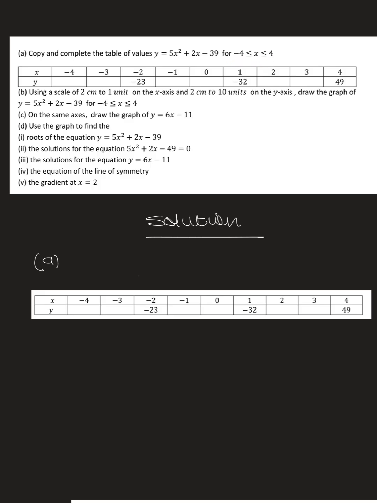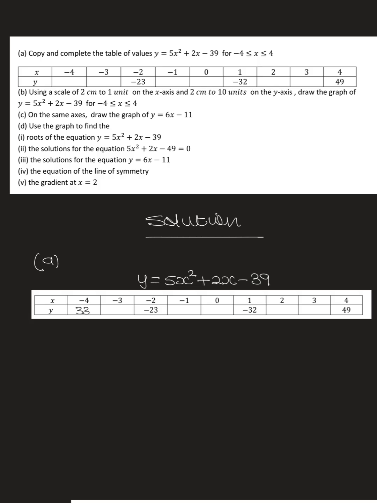We are going to use the formula y is equal to 5x squared plus 2x minus 39 to complete this table.